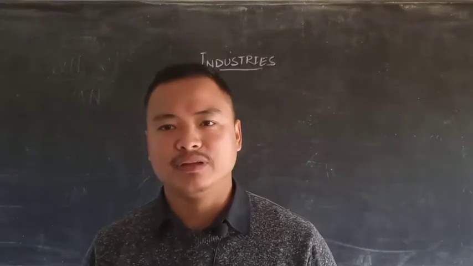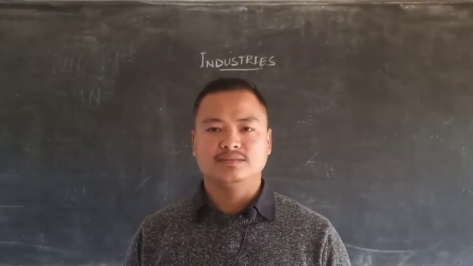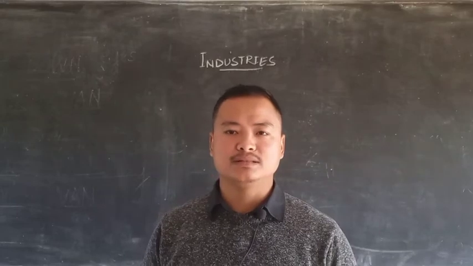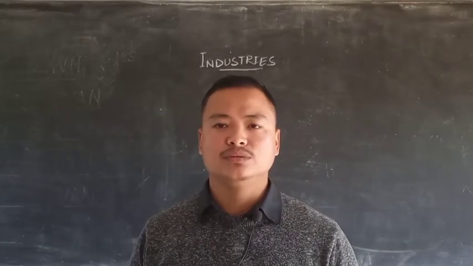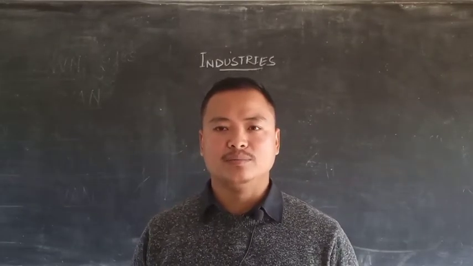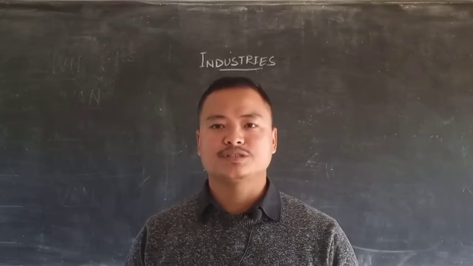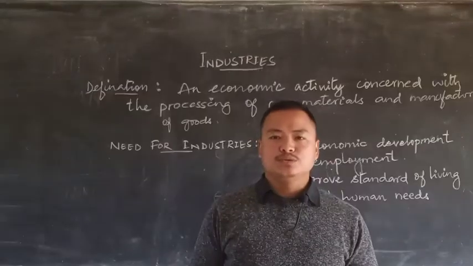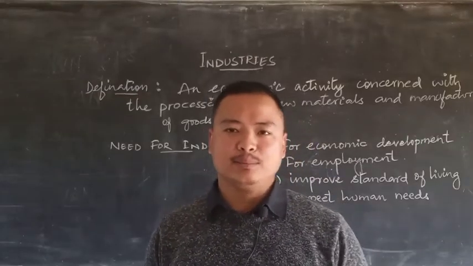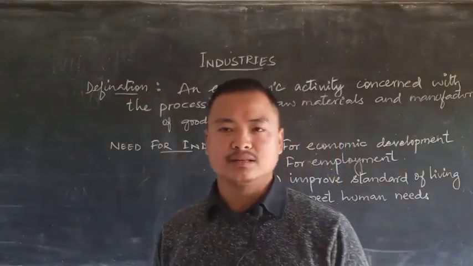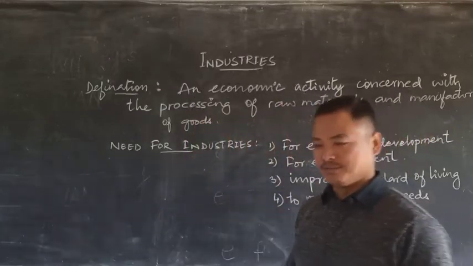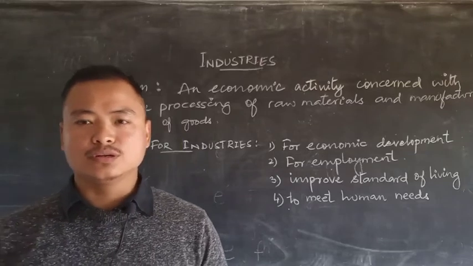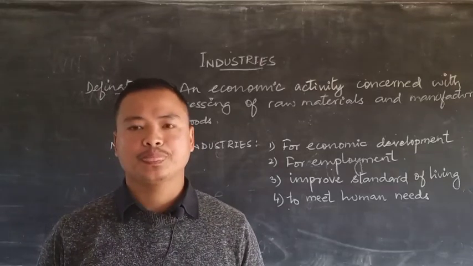Hence it can be defined as an economic activity that involves the processing of raw materials into a finished product which a consumer can use. So industries can be defined as an economic activity concerned with the processing of raw materials and manufacturing of goods that we use.